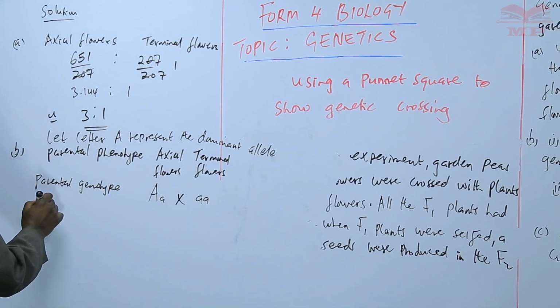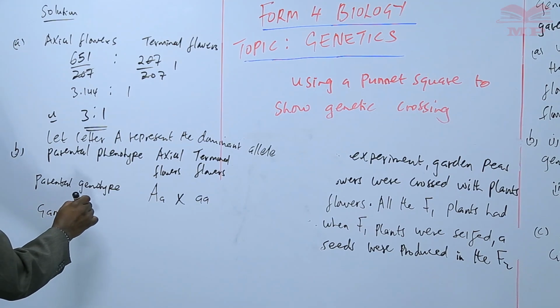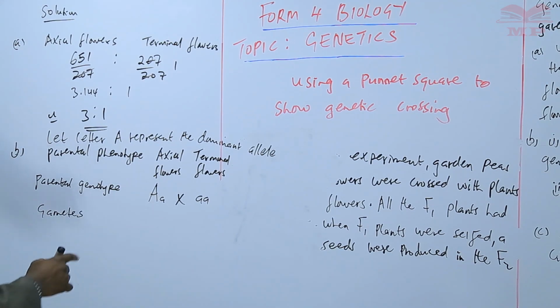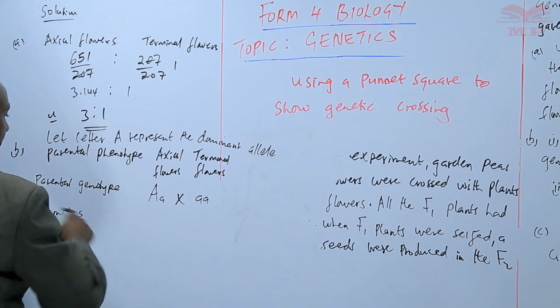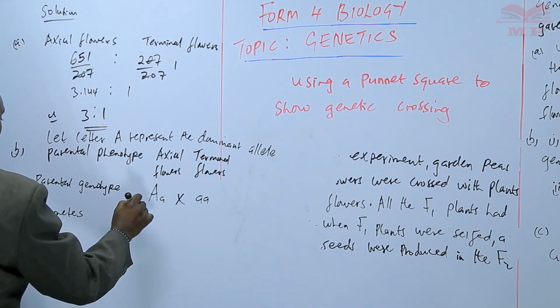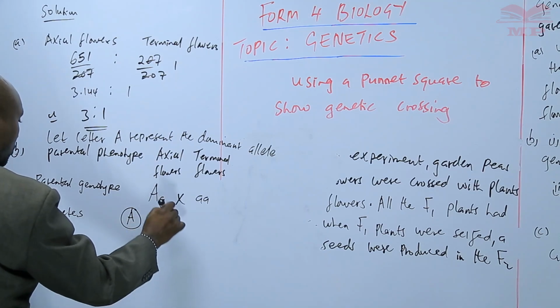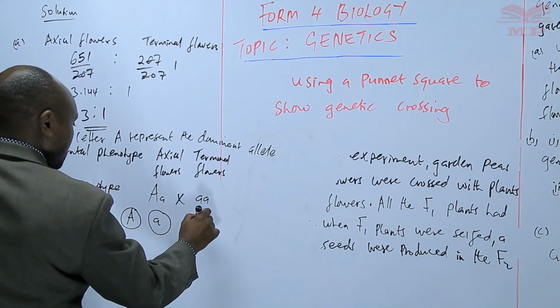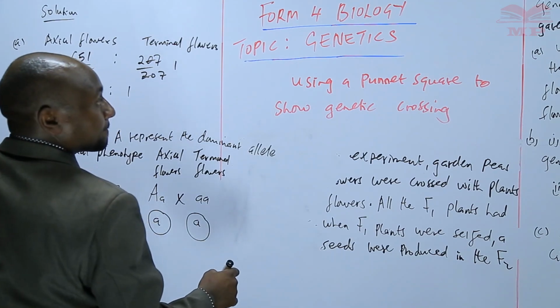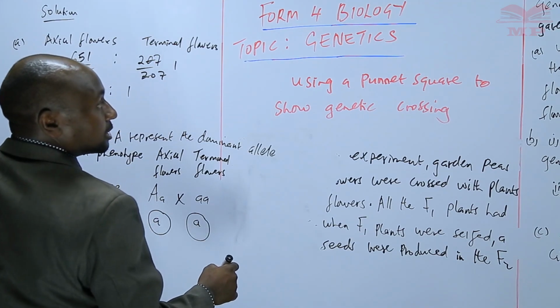Then we come to the gametes. So the gametes have capital A and small a, and these others had small a.